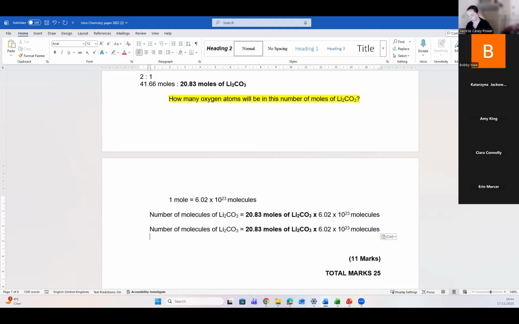Okay, so what we should have there then is Avogadro's number and then 20.83. What I'm getting here is 1.25 by 10 to the power of 25.